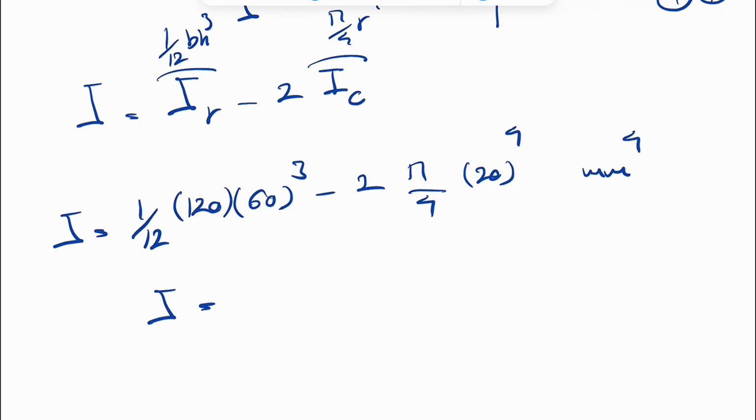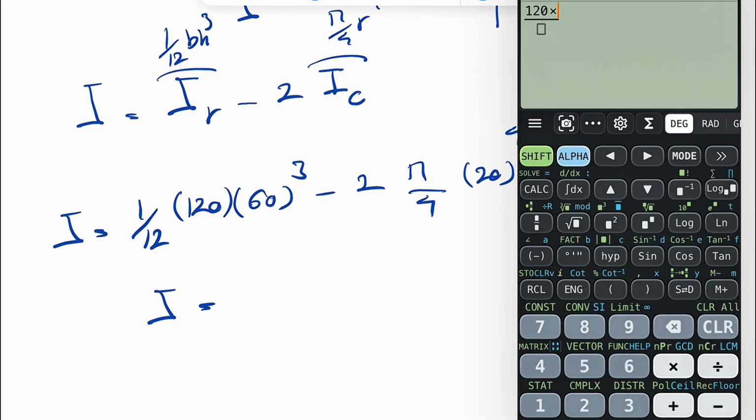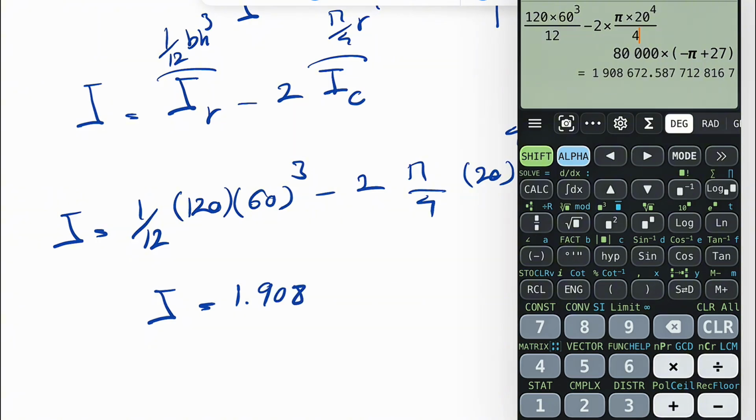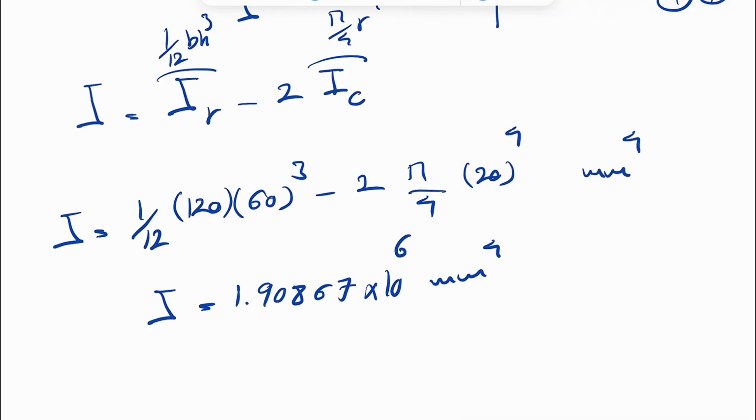Let's calculate: 120 times 60 cubed, divided by 12, minus 2 times pi times 20 to the 4, divided by 4. And that's going to be 1.90867 times 10 to the 6 millimeter to the 4.